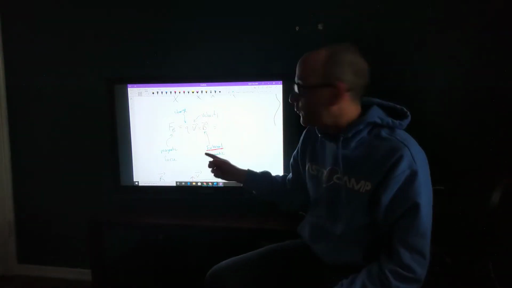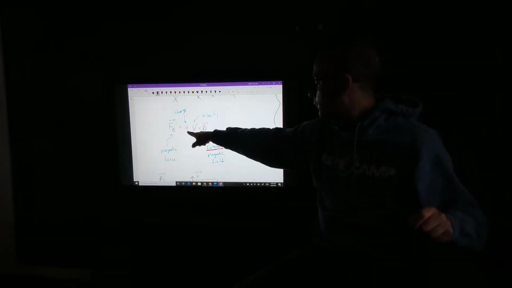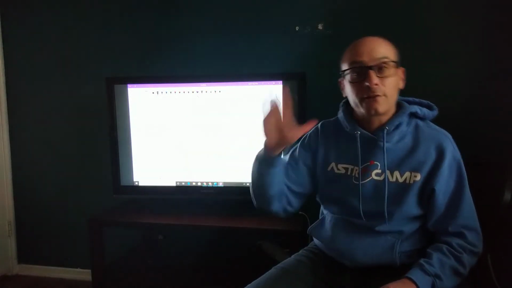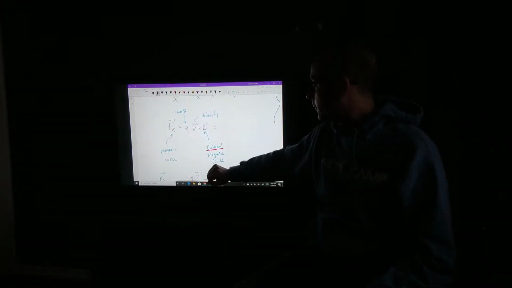Just a reminder, hopefully you saw this video already, but to calculate a magnetic force, there should be a vector arrow there. It's the charge multiplied by the cross product of the velocity and the magnetic field vectors. That's why we got to use this right-hand rule, because we got a cross product going on.